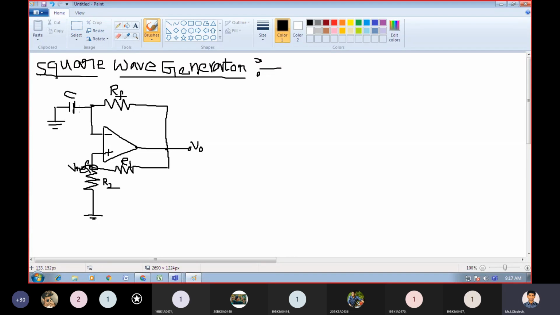With the help of resistor and capacitor only you will be able to set the frequency of oscillations.